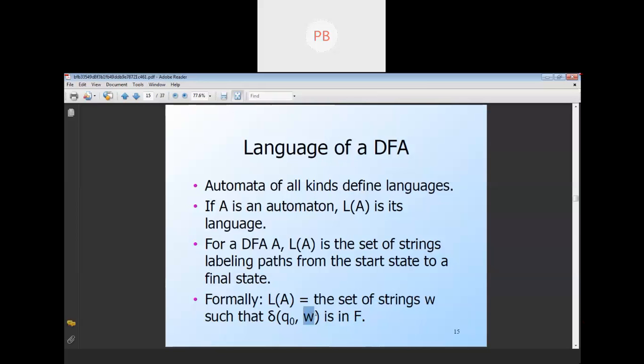That means this string is the set of input symbols. We have to go through the input symbols one by one and reach the final state. This is the language. Using the language we can get the string, and using this string we can validate whether the string is accepted by the deterministic finite automaton or not.